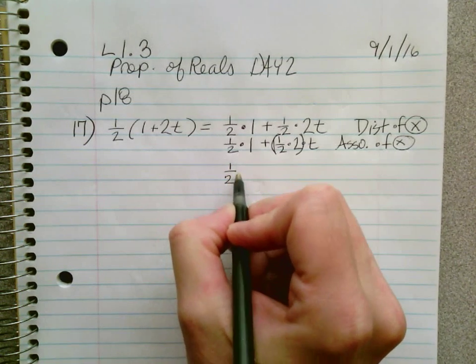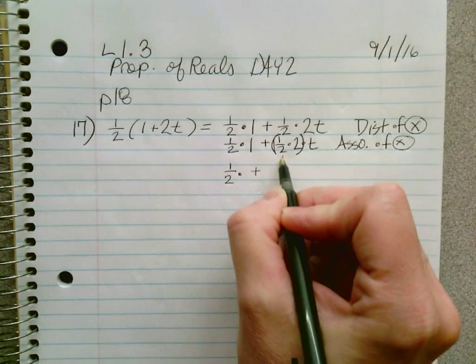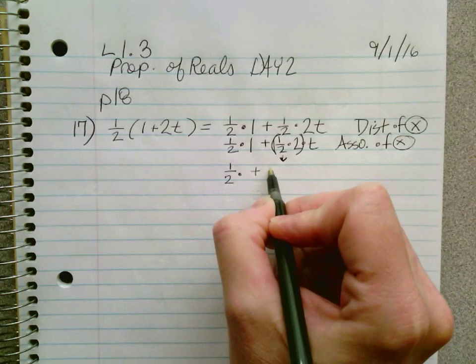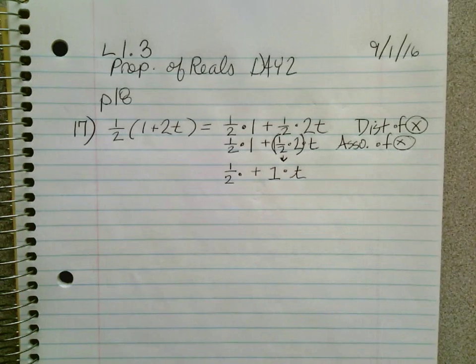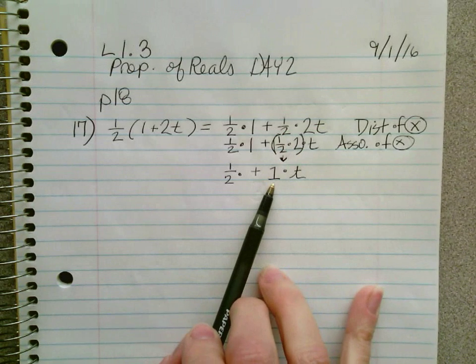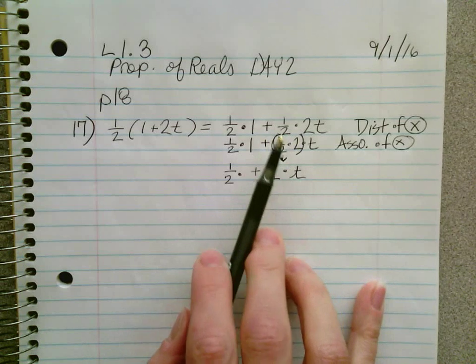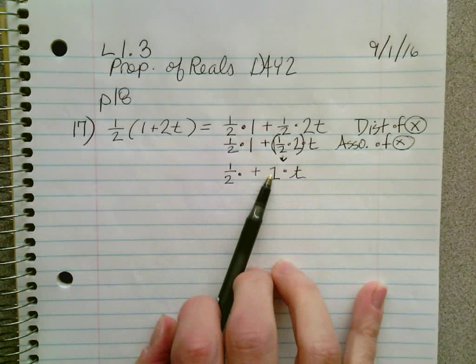Their next thing is they've told us that 1/2 times 2, added to, became a 1 multiplied by t. What property gives this the right to become a 1? What do you think, Dylan? True, we multiplied them, but any number multiplied by its reciprocal equals 1.